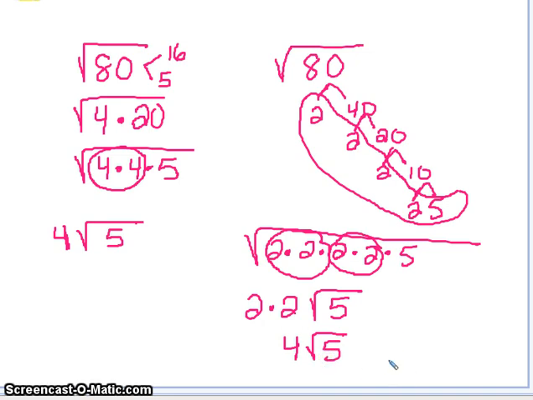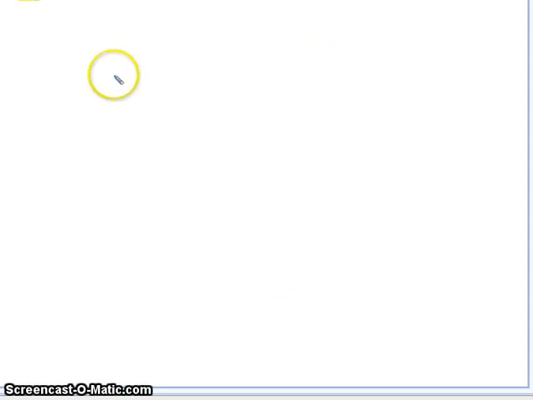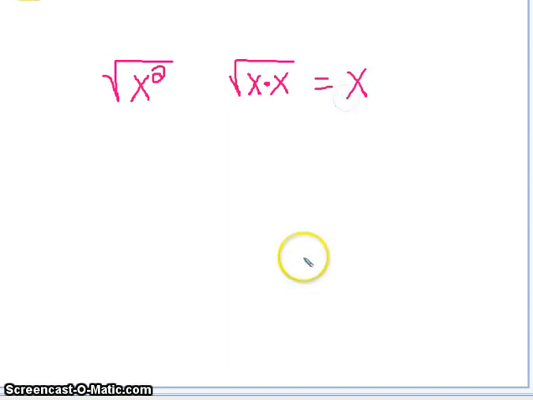Now, tomorrow we're going to look at some situations where we have variables involved as well. So I want to touch base on that. If I want to take the square root of x squared, that just means that I have x times x. And just like when I had the square root of 2 times 2, my answer was 2. Well, the square root of x times x is just going to be equal to x.